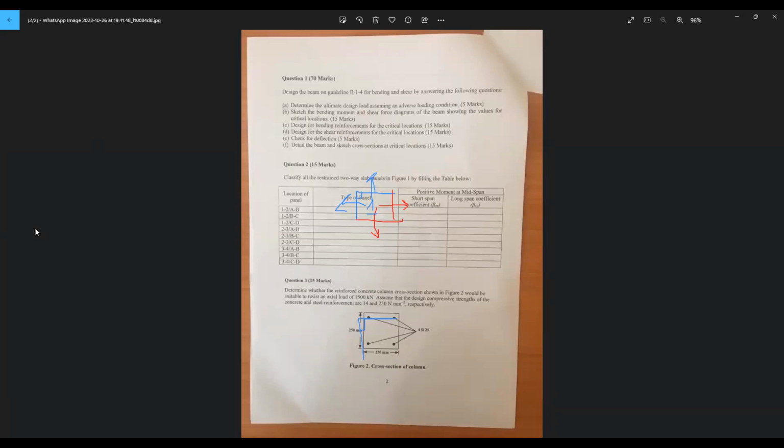So here, under the type of panel, you can state adjacent edges discontinuous.